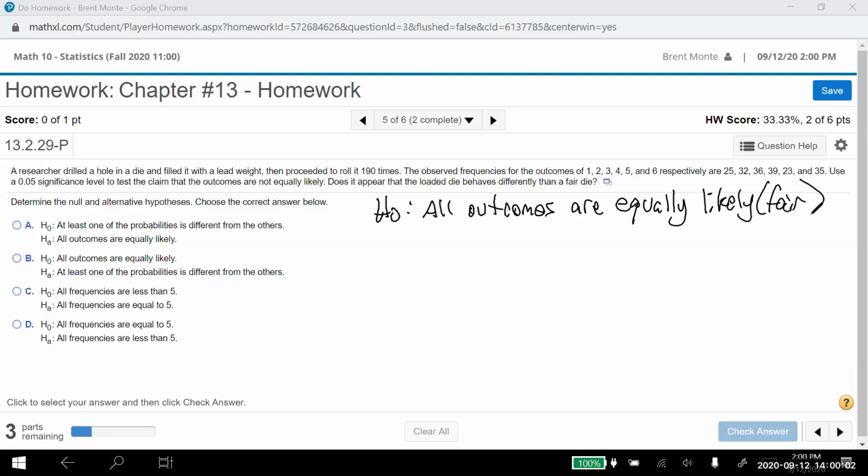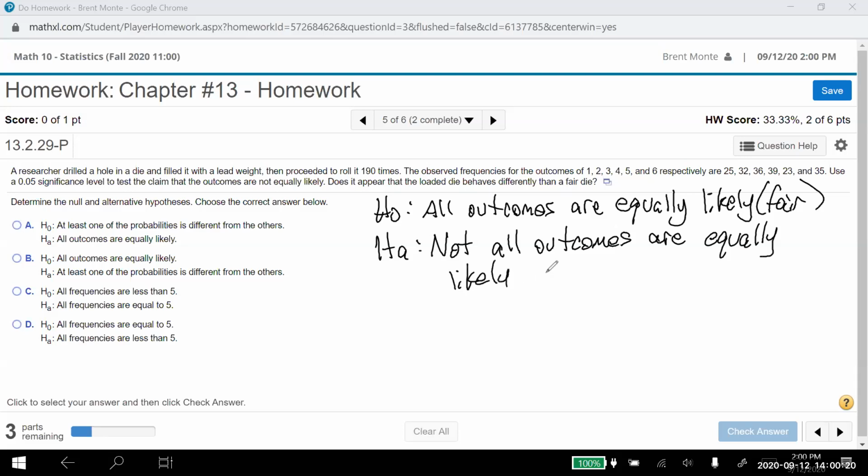The alternative: not all outcomes are equally likely. In other words, it's a loaded die.